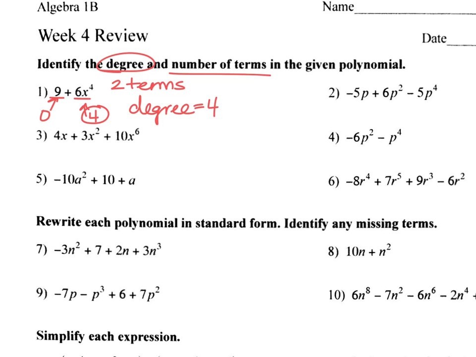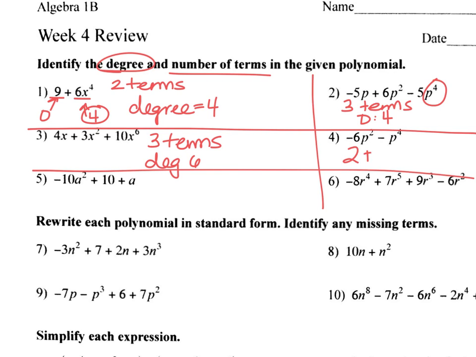We did 2 together in class. So in class, we said that this one has 3 terms, and it has a degree of 4, because that one's got the highest number. For question 3, 3 terms and a degree of 6.